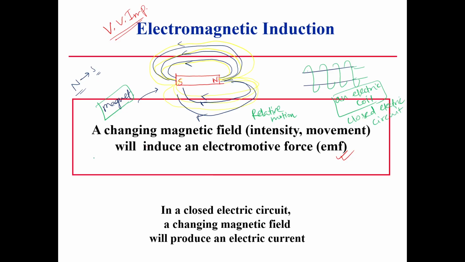Okay, so we have two things, the magnet and the closed electric circuit, and due to the relative motion between them, there will be EMF production, the electromotive force production. What is electromotive force? That has a different story, right?